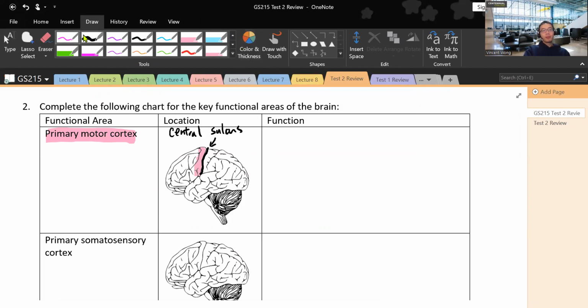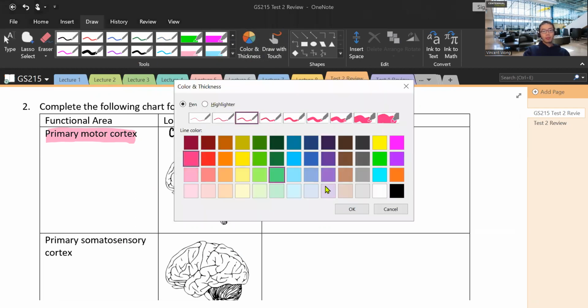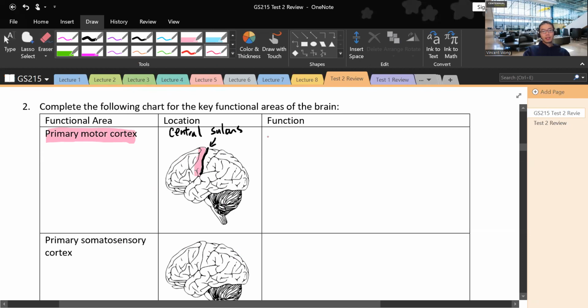And the function of the primary motor cortex is what? Does anyone want to tell me what it does? First of all, I should probably tell you that it is found on the precentral gyrus. A gyrus is a bump, right? So it's found on this location here, the bump in front of the sulcus. And what is the function of the primary motor cortex? What do we use it for?